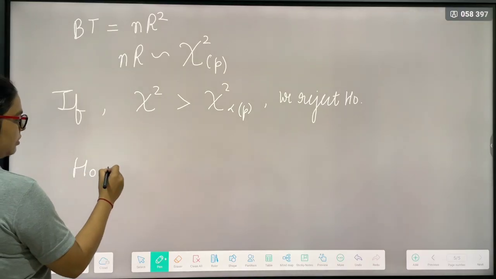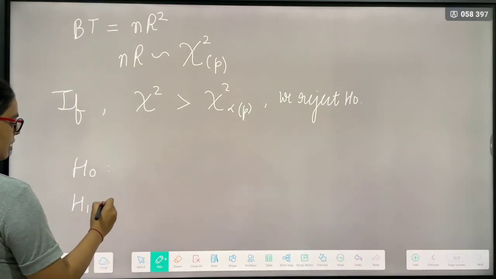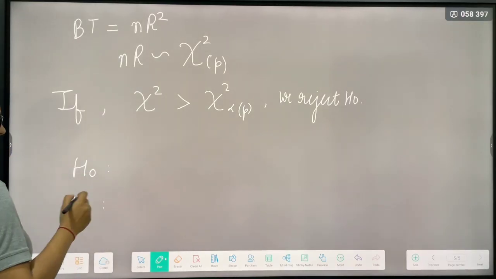H naught and H1, which are the null hypothesis and alternate hypothesis.